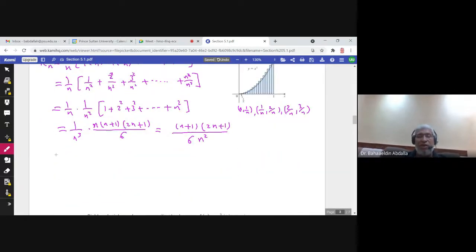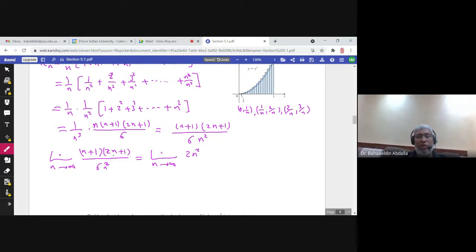So let us find the limit when n goes to infinity of n plus 1 times 2n plus 1 over 6n squared. If you remember, to find the limit when n approaches infinity, there is an easy way to deal with that by taking the term with the highest power in the numerator. That's 2n squared.